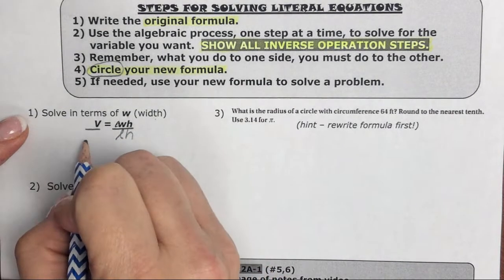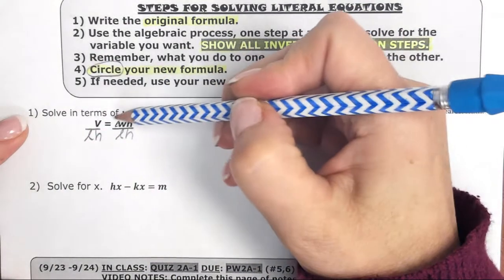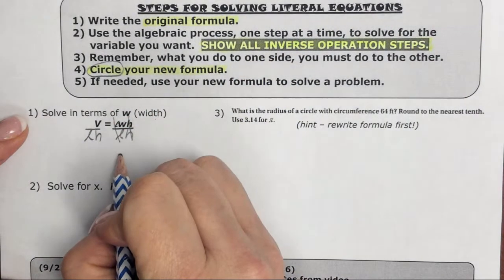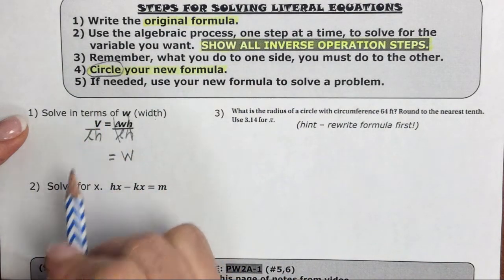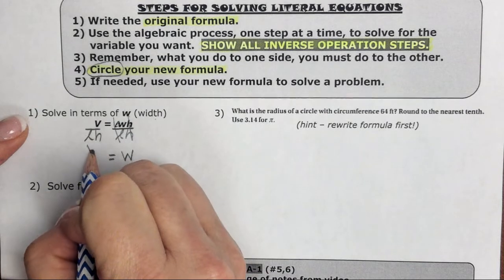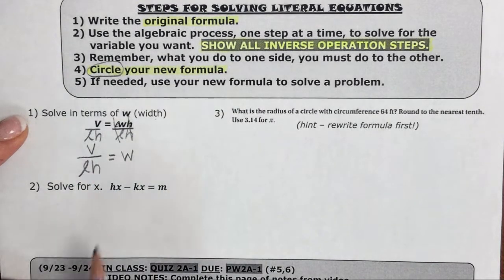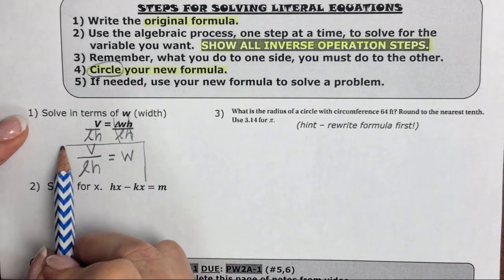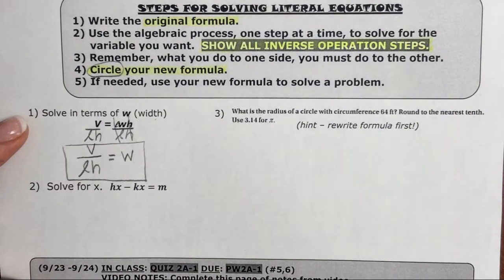If I do that on one side, I have to do it on the other. Then we see that the length cancels and the height cancels, and we're left with just the width, so we were able to isolate it. On this side, we just bring down what we arrived at: volume divided by length times height gives us width. That's our new formula where we're looking for just the W. We haven't put in any values yet, but we've isolated the W.